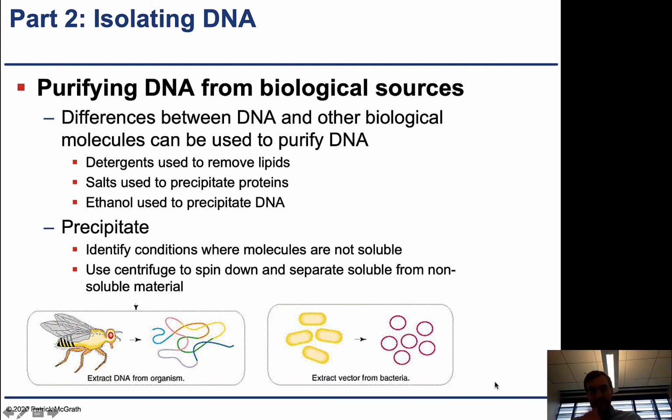The first thing that you need to be able to do is actually isolate DNA from an organism. Maybe you want to study flies, maybe bacteria, maybe mice, maybe some sort of environmental organism that's important for some remediation project. Maybe you want to study something that is very important for ecology.